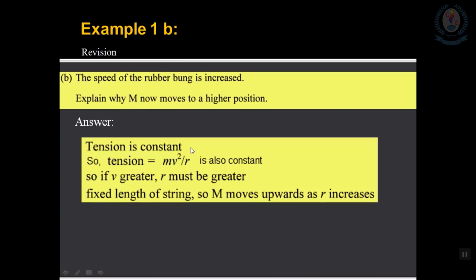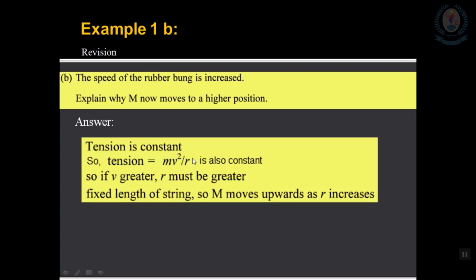That means tension is constant, so centripetal force is constant. But if speed is increased, the required centripetal force will increase. Can it be provided by the same tension? No. So there should be something to make the required centripetal force go down.